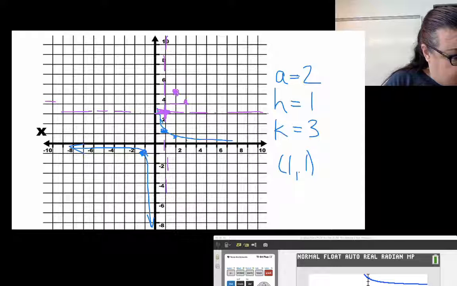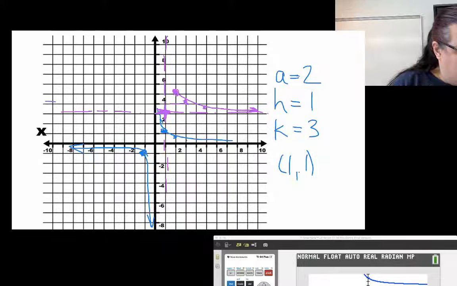Right? So I'm going to actually be there. And when I'm over 4, I'm going to be up a half. So my line would be like this now instead. Right? And then conversely, when I'm over only a half, instead of being up 2, I'm going to actually be up 4 from the crossing of the asymptotes. So that's where we get the stretch from.